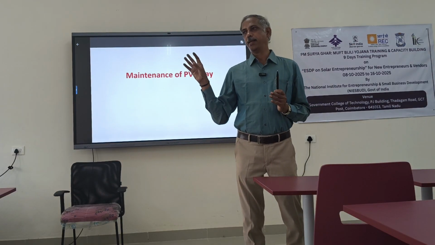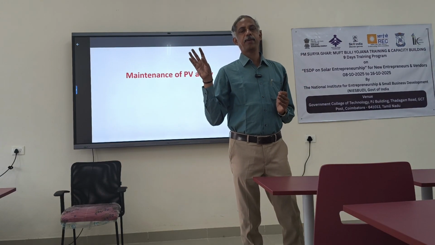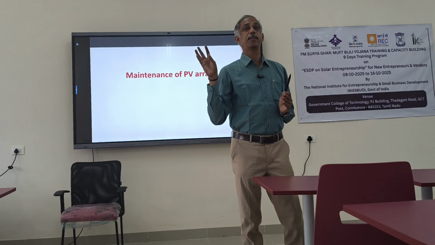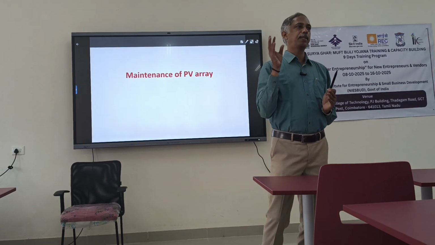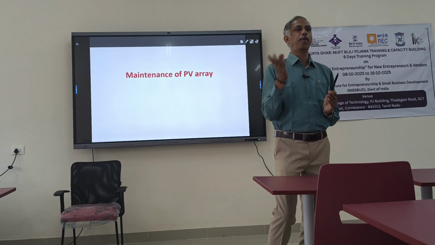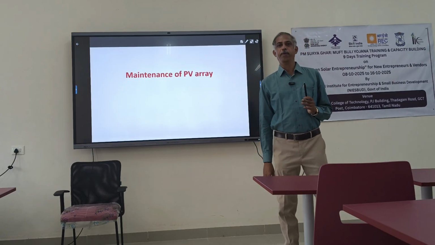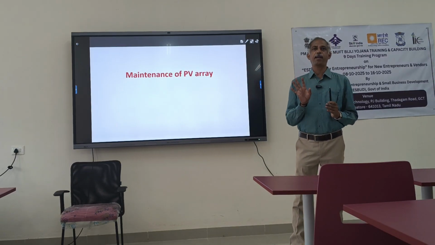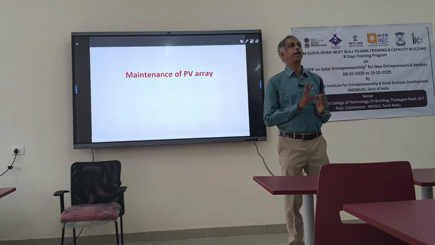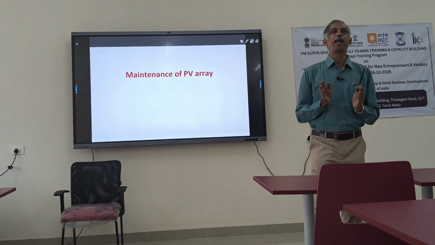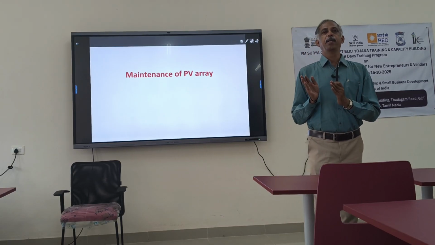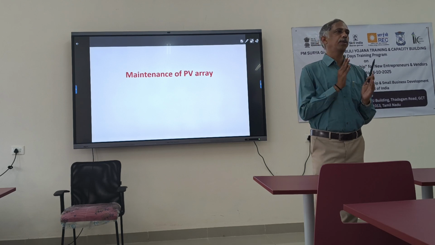Load resistance is fixed. So you have to make an interface in such a way that the load resistance is also dynamic and matches the source resistance, then maximum power will be delivered to the load. Maximum power point tracking is nothing but the maximum power transfer theorem. We have to make the load resistance equal to the source resistance.